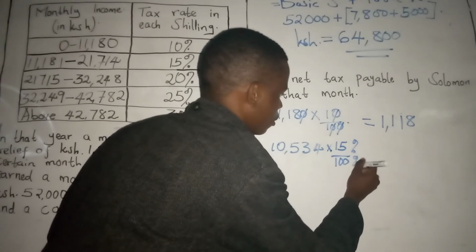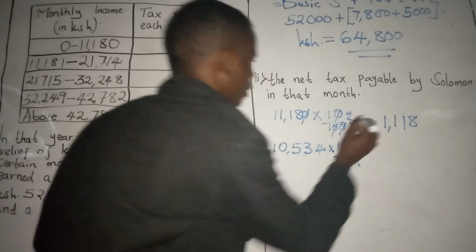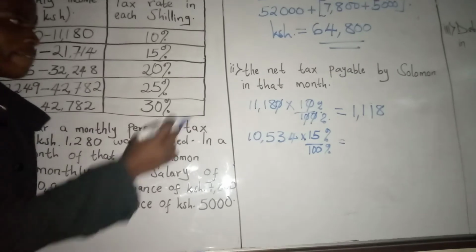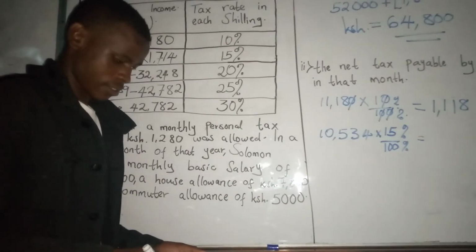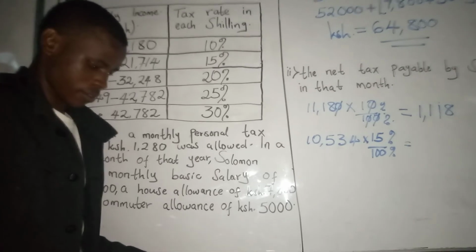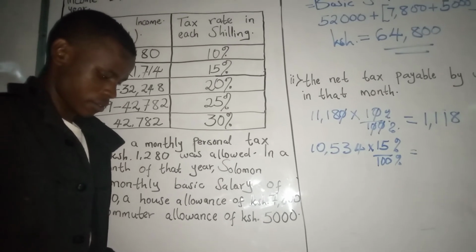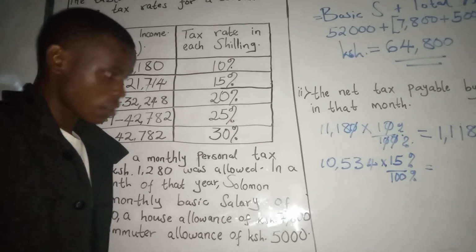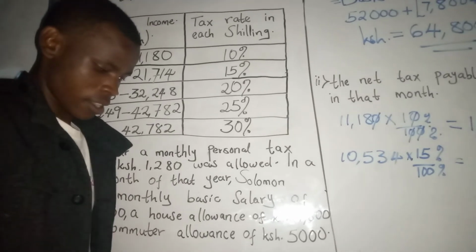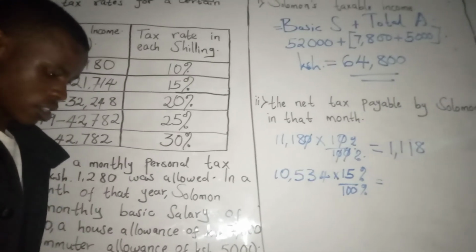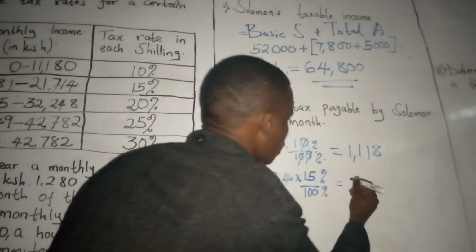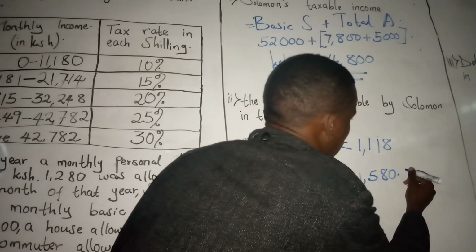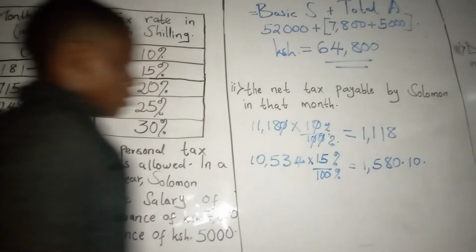So 10,534 multiplied by 15 divided by 100, that one is going to become 1,580.10. So that's the second one.